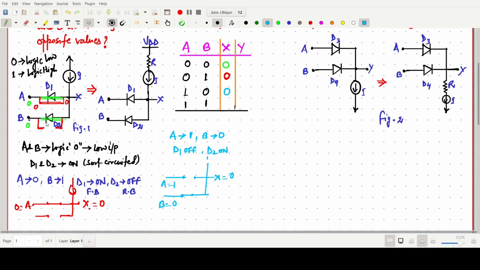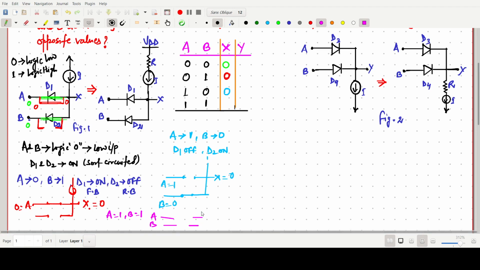Now in the final case, 1 1: A is 1 and B is 1, both are high, so both diodes will be open circuited.